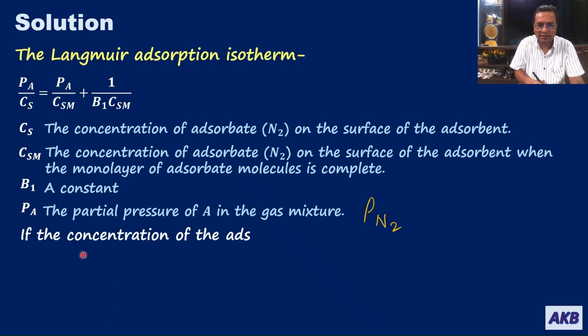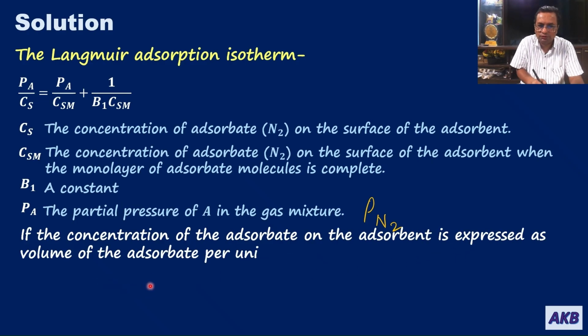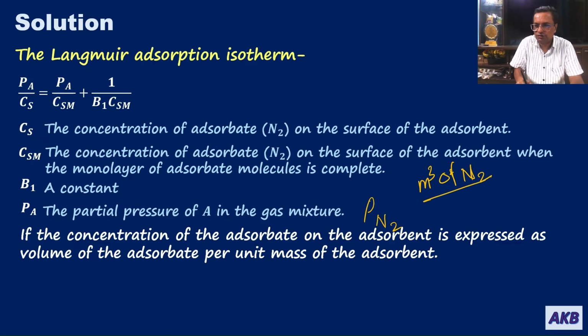Now we are talking about the concentration. If you express the concentration of the adsorbate on the adsorbent as volume of adsorbate per unit mass of adsorbent, that is, meter cube of N2 per kg of adsorbent, you can modify this equation. You can express concentration of the adsorbate in terms of this quantity, meter cube of nitrogen per kg of adsorbent.